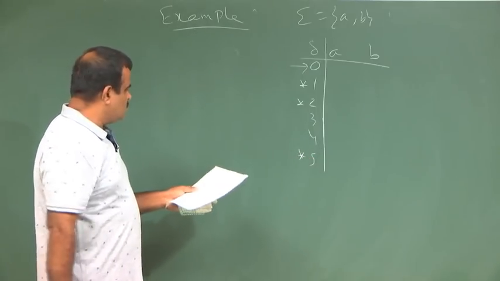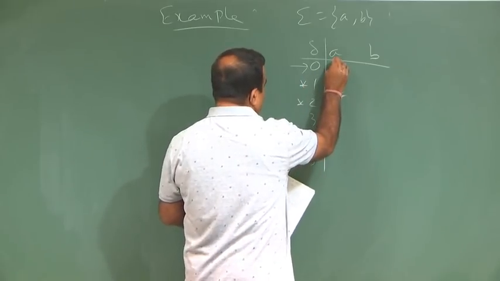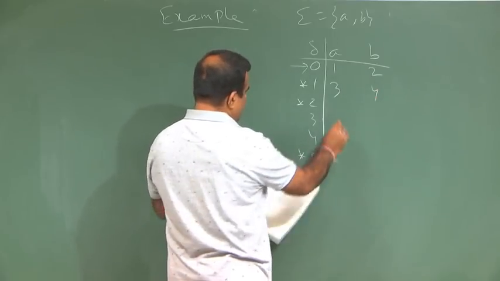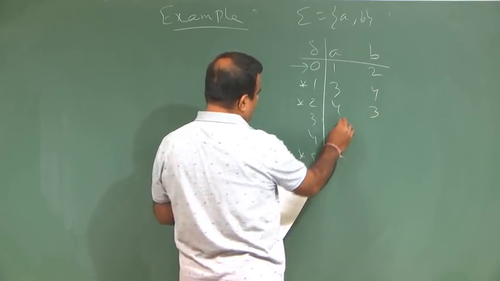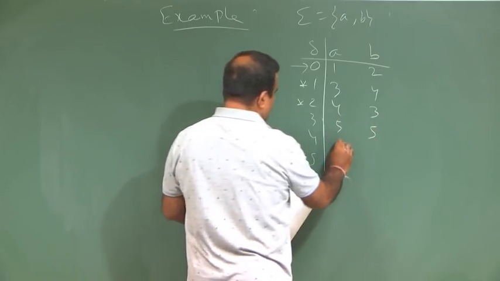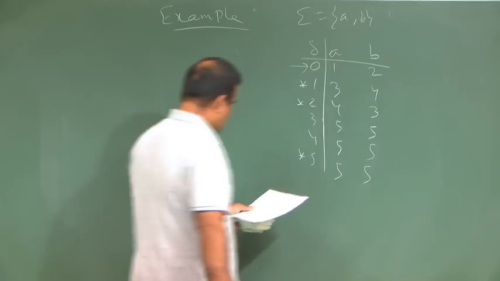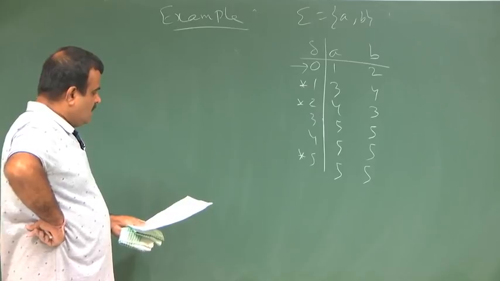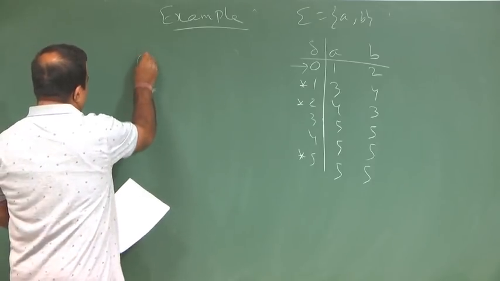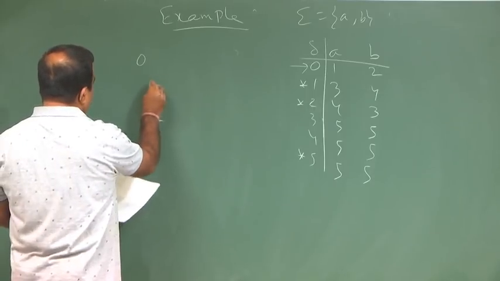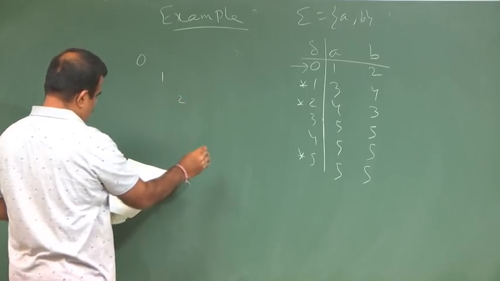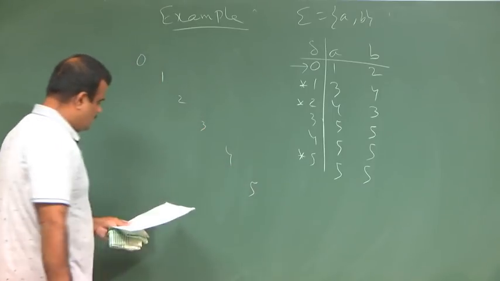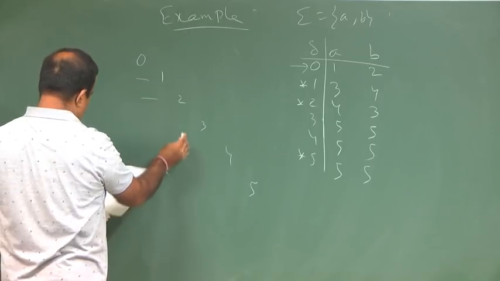Now, suppose the transition rule is: from q0 we go to q1, this is q2, q3, q4, q4, q3, q5, q5, q5, q5, q5, q5 like this. Now, we will draw the table. So, this is 0, here we have 1, 2, 3, 4, 5. Okay. So, initially everything is not explored.